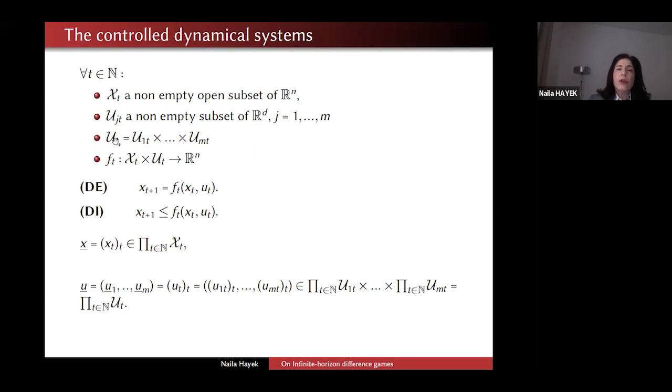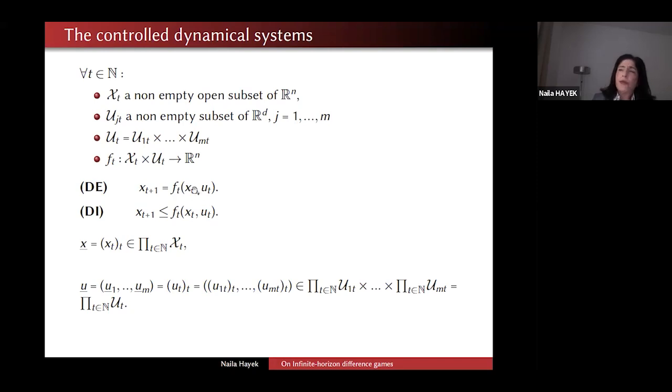I will call U_t, the big set U_t, the product of all these subsets, and I define a function f_t, which is from X_t times U_t into R^n. With these elements, we can define a difference equation, x_{t+1} equals f_t(x_t, u_t), or a difference inequality, x_{t+1} less than or equal to f_t(x_t, u_t).